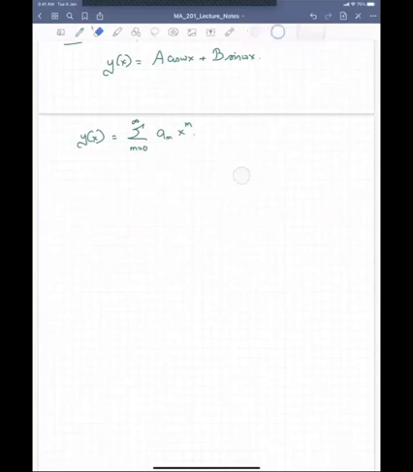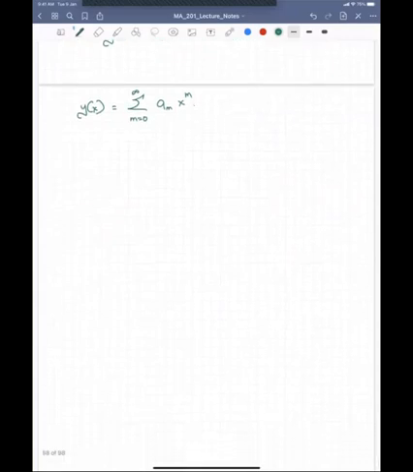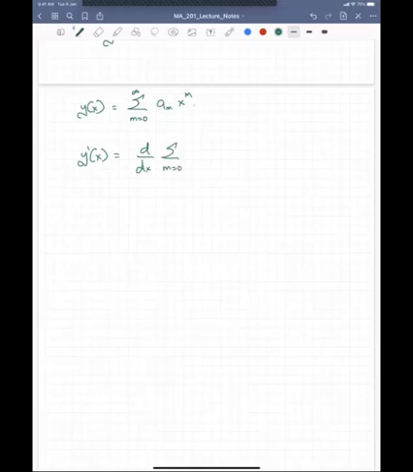So since this is a power series and each term can be differentiated individually and added, I can write y prime in one fell swoop as d/dx of the sum from m equals 0 to infinity of a_m x to the m. And it doesn't matter if I differentiate and then add.